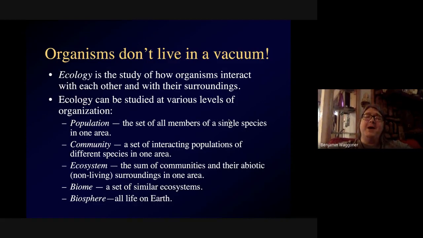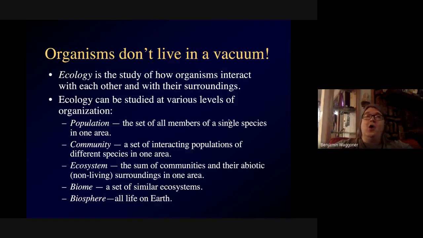If we're talking about population ecology, a population is just the set of all members of one species in one area. Just as we talk about the human population of Conway, we could talk about the population of coneflower in the UCA Nature Reserve, or the population of black bears in the White River Wildlife Management Area in eastern Arkansas.